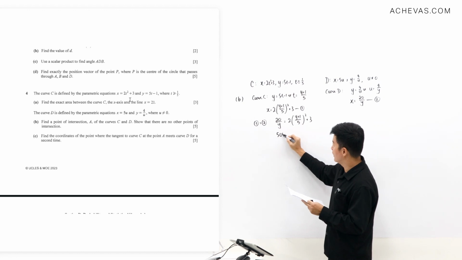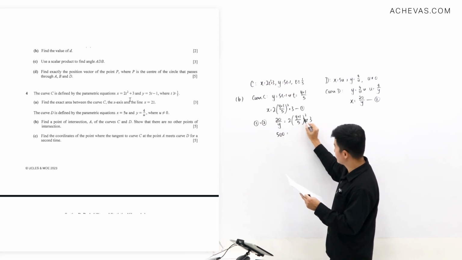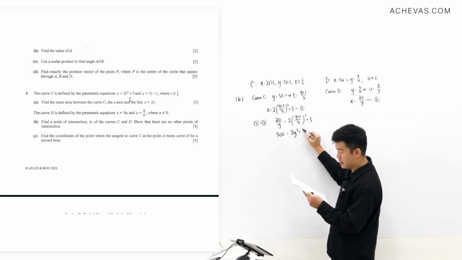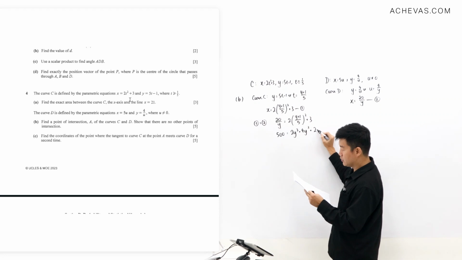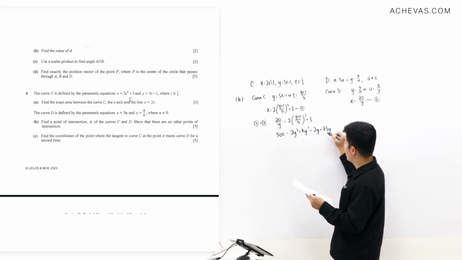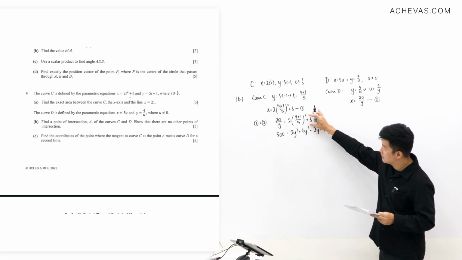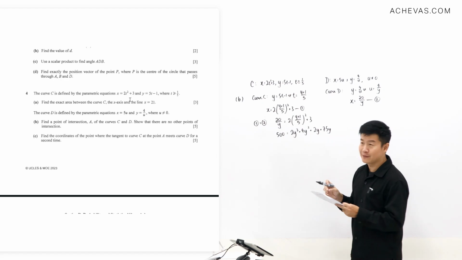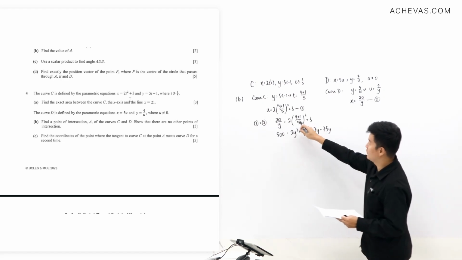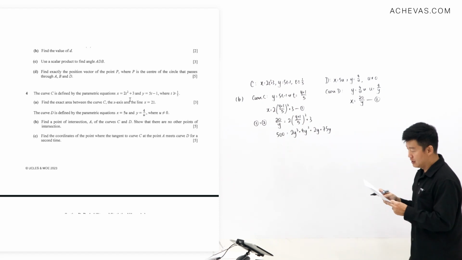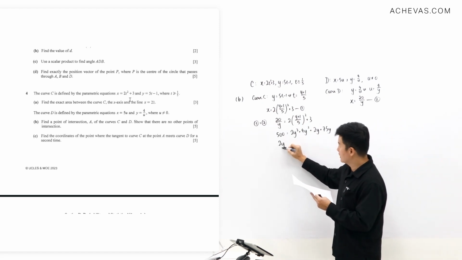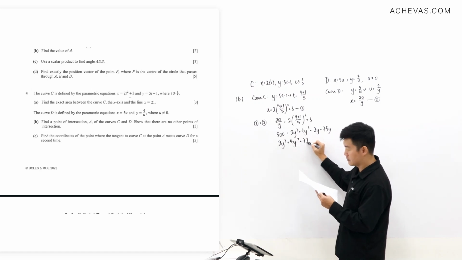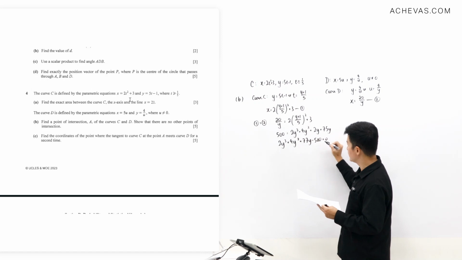It is going to be 500 is equal to, if I were to expand this and manipulate it, I'll be getting 2y to the power of 3 plus 4y squared plus 2y plus 75y. I multiplied this entire equation by 25y. 25 is obtained from here, 5 squared is going to be equal to 25. So this is going to give us a cubic equation in terms of y, and that is 2y cubed plus 4y squared plus 77y minus 500 is equal to 0.